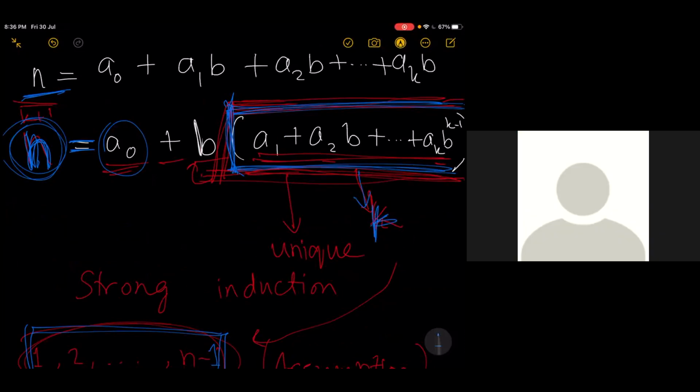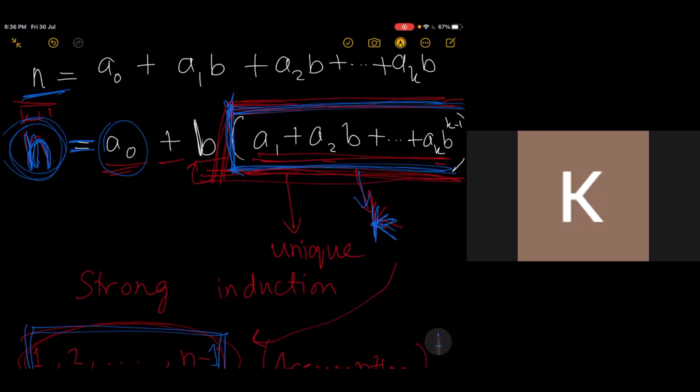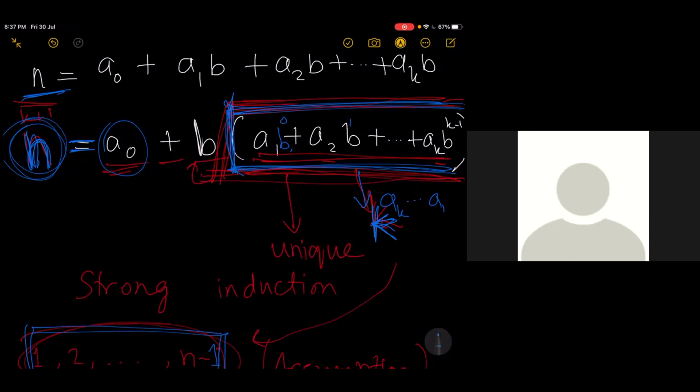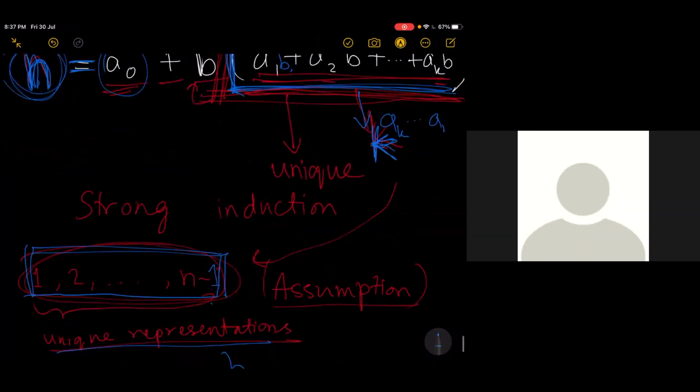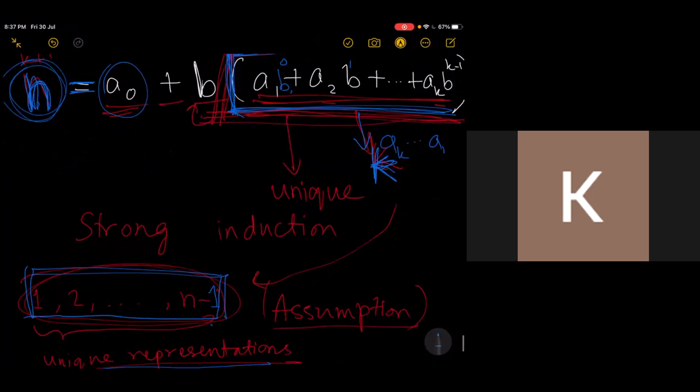See? It will be like a1 till ak. a1 b to the power 0 plus a2 b to the power 1 and so on till ak b to the power k minus 1. So it is a k digit number, right? Understood? Yes, understood. So if it is a k digit number, it is smaller than a k plus 1 digit number.